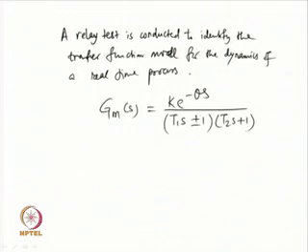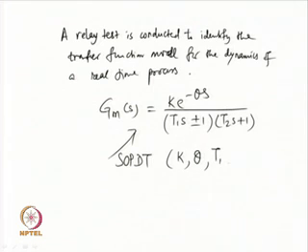So, this is the transfer function model for a second order plus dead time dynamics, which has how many parameters? The steady state gain K, the time delay theta, the time constants T1 and T2. So, we have 4 parameters associated with the transfer function model.